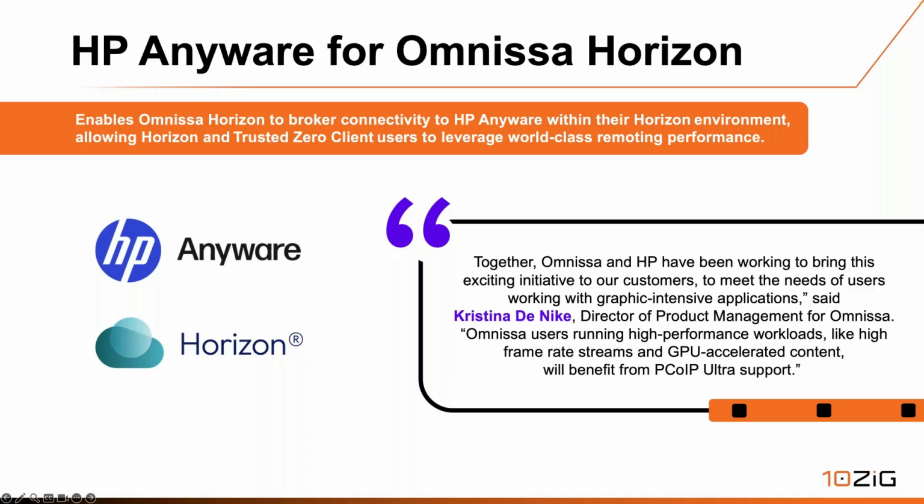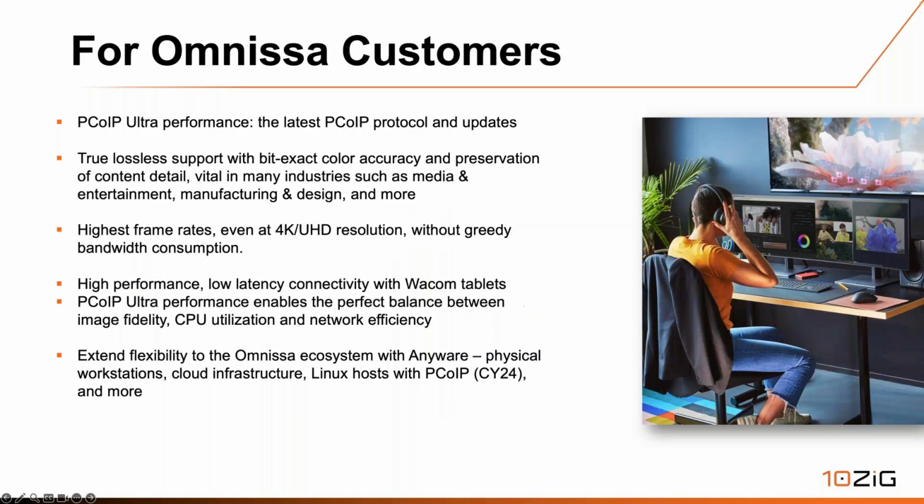And we have a slide that covers exactly what you've just described, hopefully for the audience as a takeaway. So Christina's introduced that collaboration, but what does it mean for Omnissa customers? Firstly, PC over IP Ultra is an advanced remote display technology.